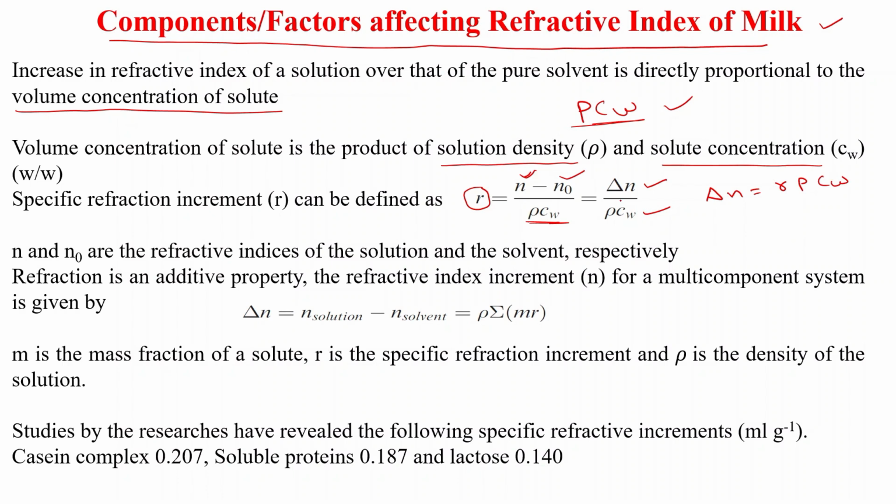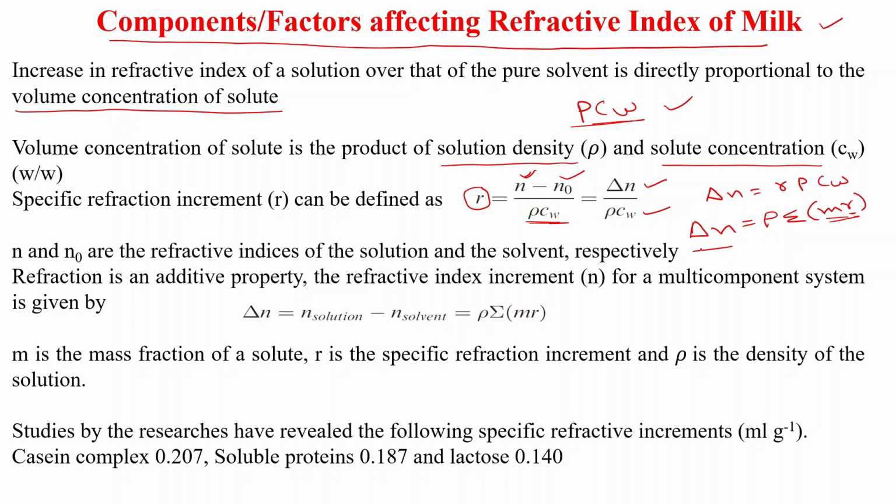Again, it can be written as delta N equal to rho times the summation of M R, where M is the mass of each component and R is the specific refraction increment.